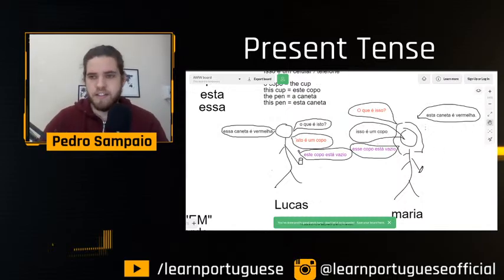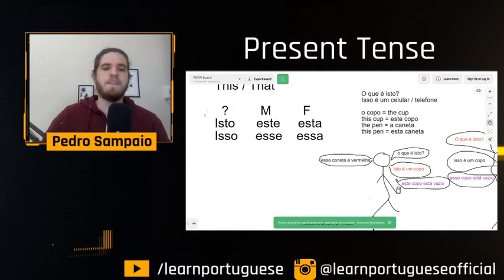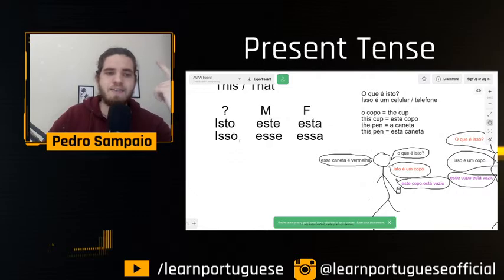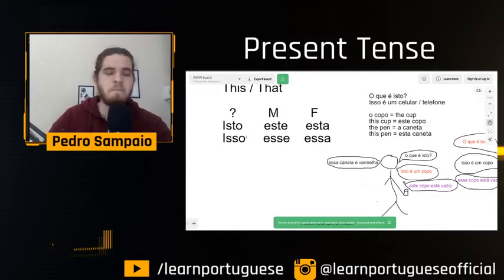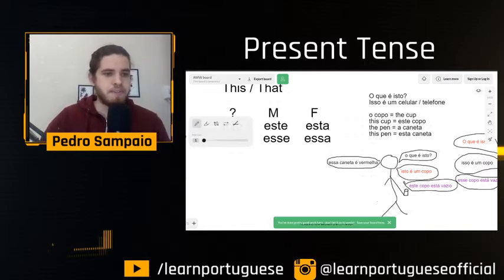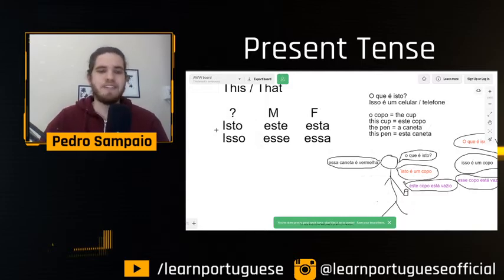So the ones on the first row, isto, este, esta, they are next to the speaker. And isso, esse, essa, they are next to the listener. It's a very subtle difference. But that being said, many Brazilians do not use isto, este, and esta. I would say everybody except for the Portuguese teachers would use isso, esse, and essa.